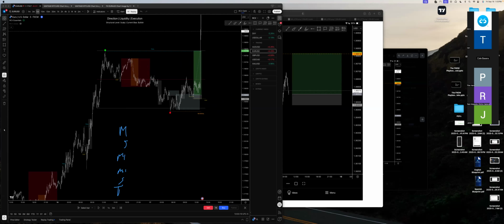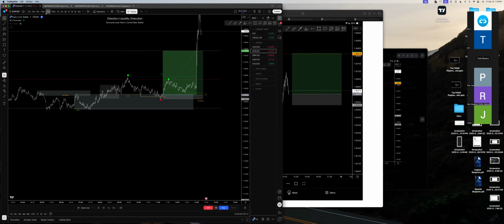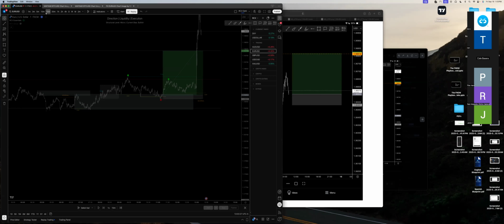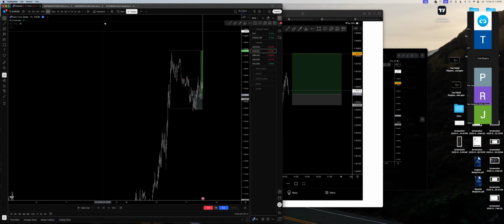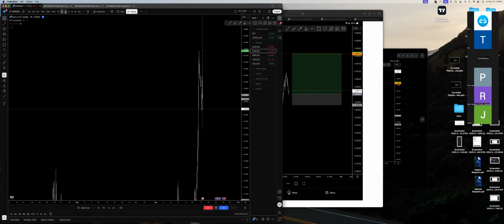But when I was trying to set time frames to those types of structural levels, as you can see, I have scalp, micro, and then if you go to 15, minor intraday, major intraday, minor swing, major swing, and then minor position, major position.